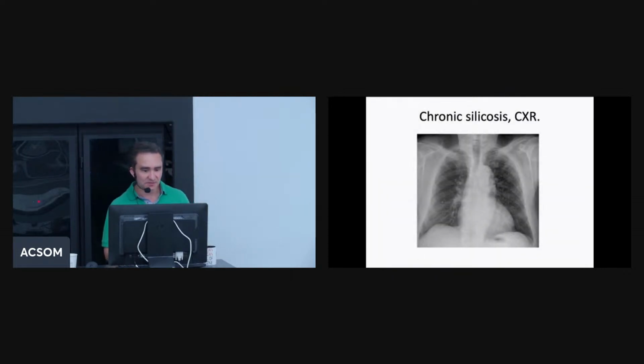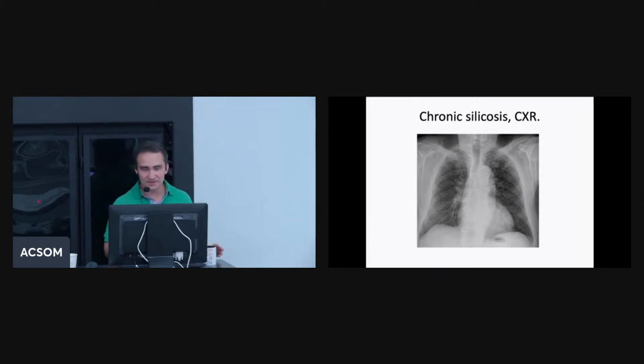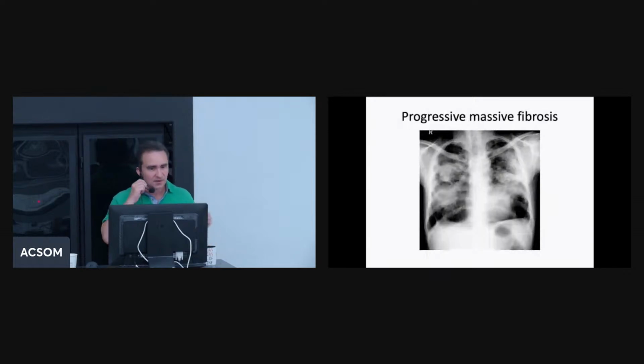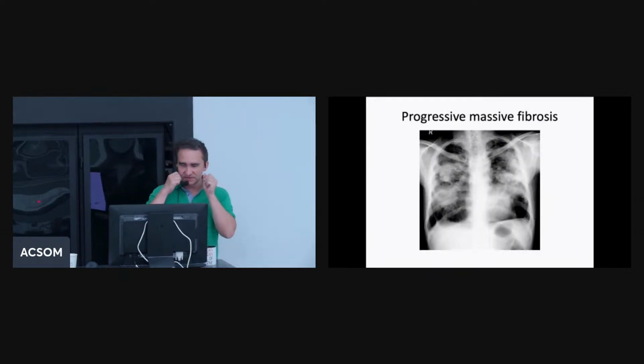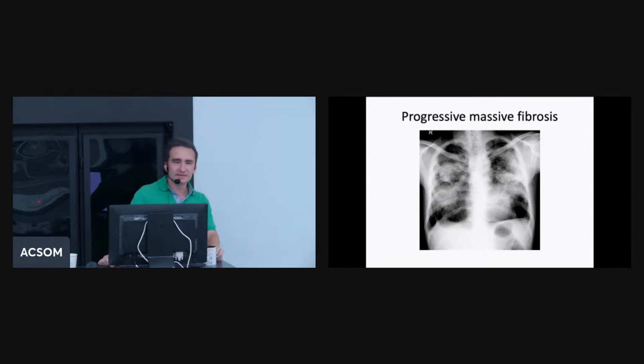That's how chronic silicosis may look. You see a little bit of nodularity, but otherwise, it may not be super impressive. This is a more impressive picture when patients present at a later stage.